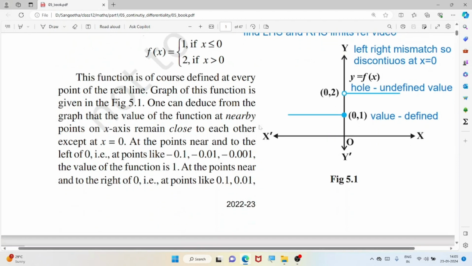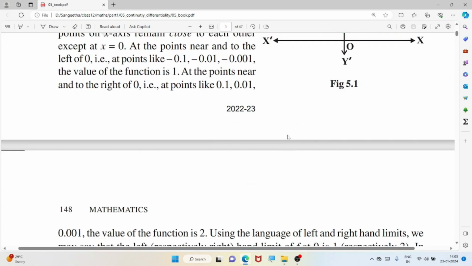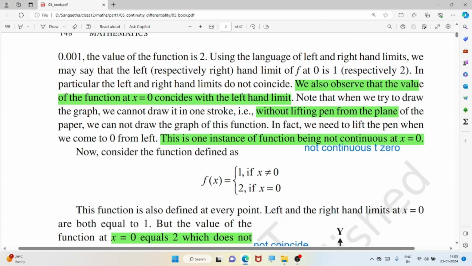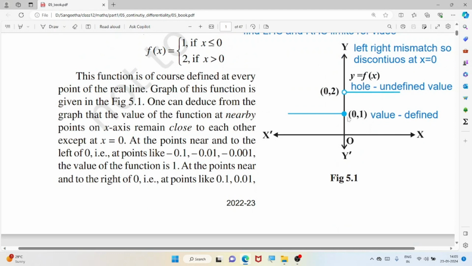Now when you draw the graph, note that we cannot draw it in one stroke without lifting the pen from the plane. At x equal to 0 there is an abrupt transition, it is not defined here.